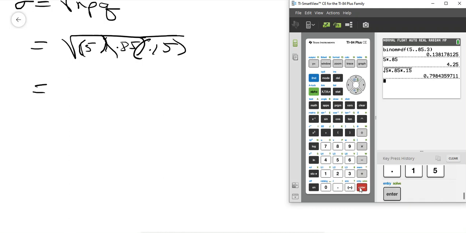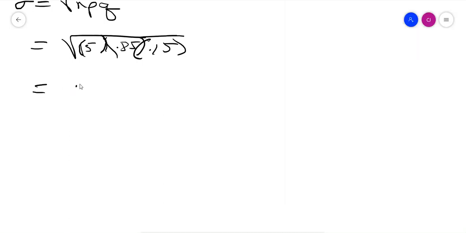Enter. So again, this is our population standard deviation, 0.798. All right, so we're going to round it there.